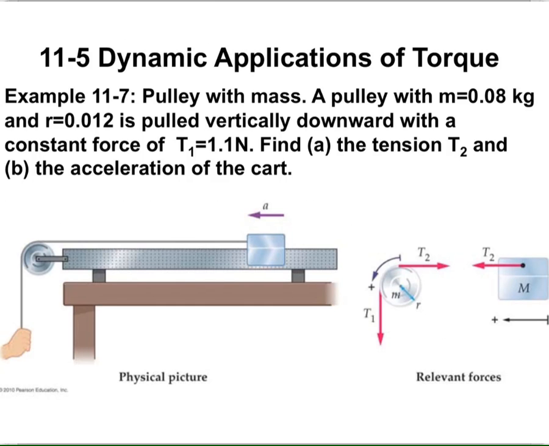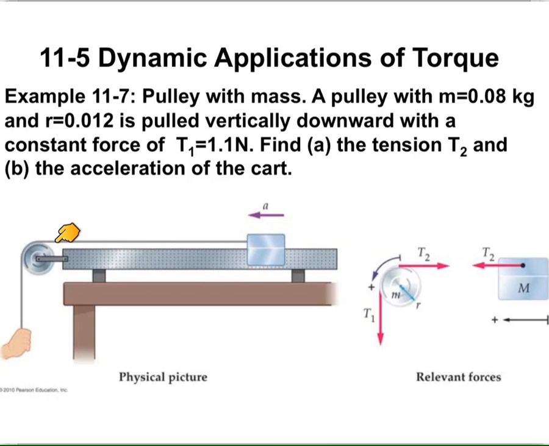Another example: you have, this time, an object moving horizontally, and again there's a string attached to it. This platform is just to provide a frictionless surface for the linear motion of this mass.